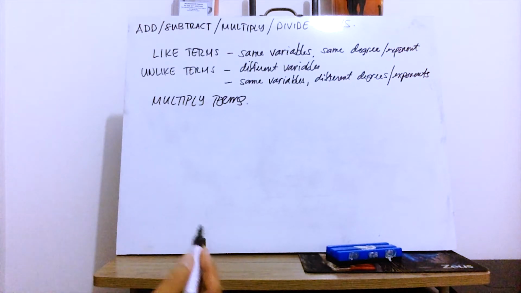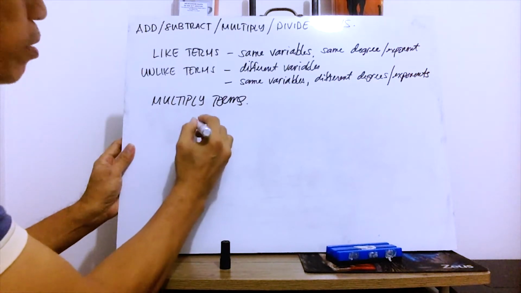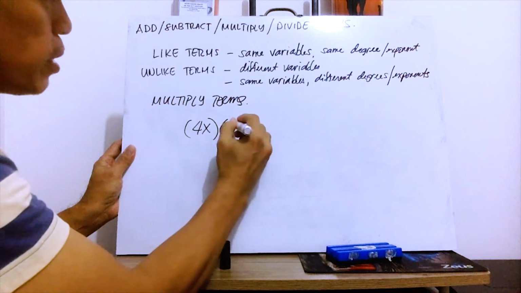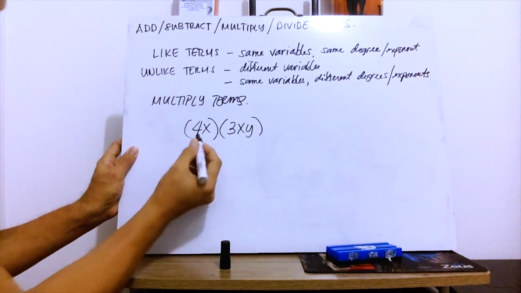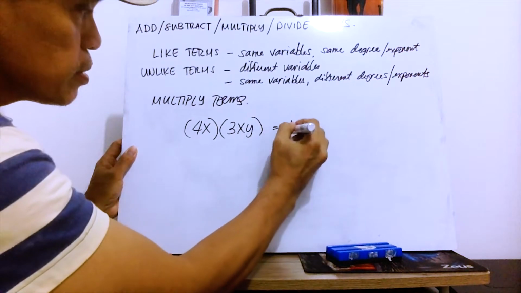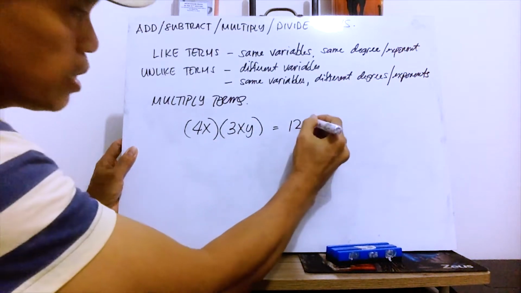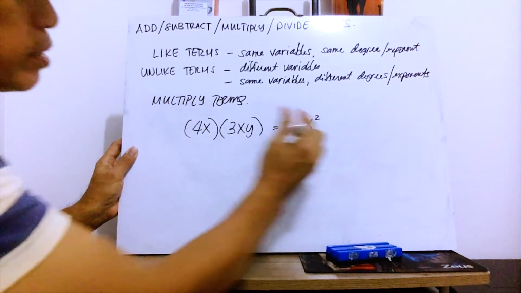All right? Let's try. 4x times, let's say, 3xy. There. I can multiply 4 and 3. I'll get 12. I can multiply x and x. I'll get x squared. And y, I'll just copy it.